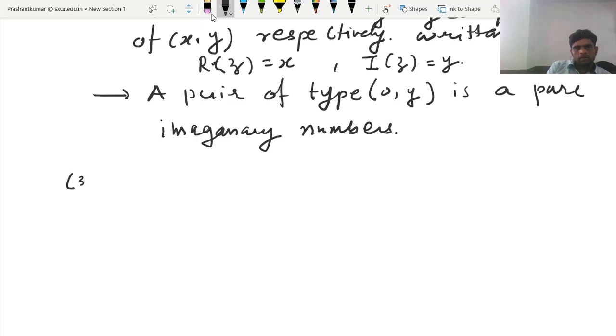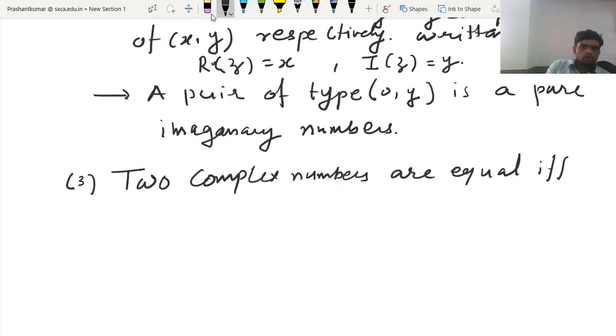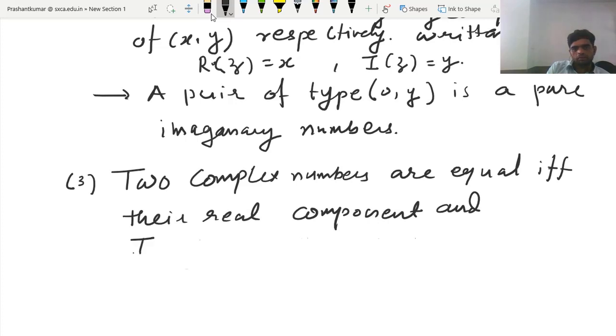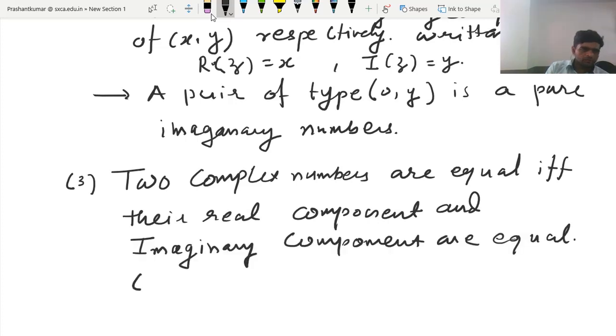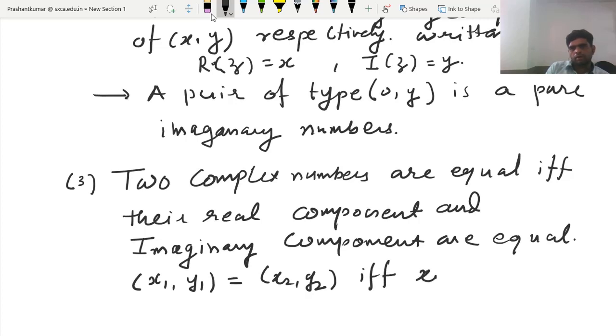The third rule says that two complex numbers are equal if and only if their real components and imaginary components are equal. That means (x1, y1) is equal to (x2, y2) if and only if x1 is equal to x2 and y1 equal to y2.